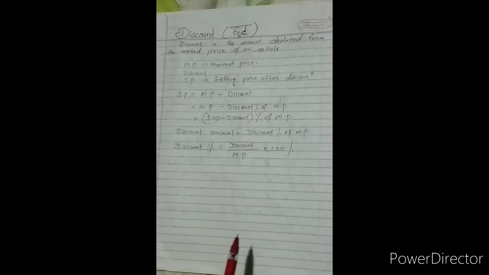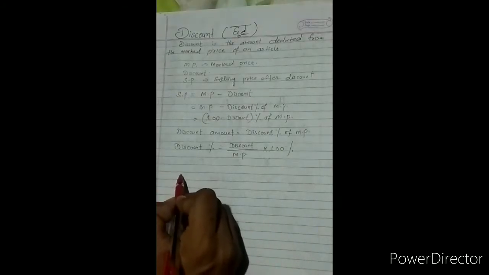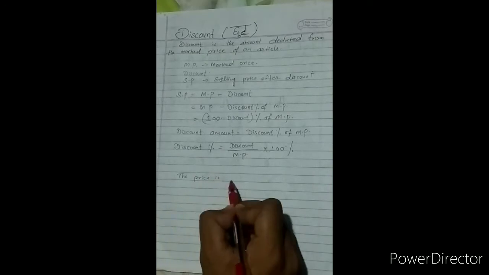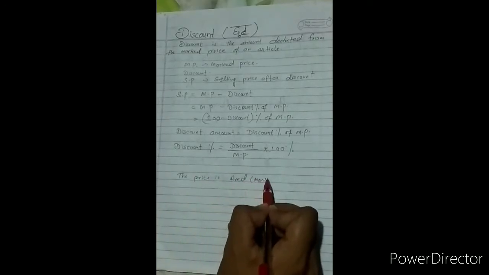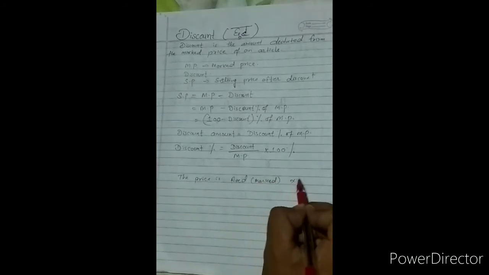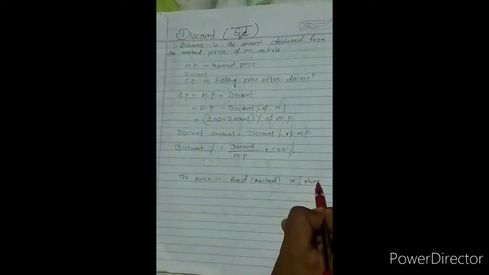And in some cases, it will be given that the price of an article is marked a certain percent above the cost price. The price is fixed or marked X% above the cost price.